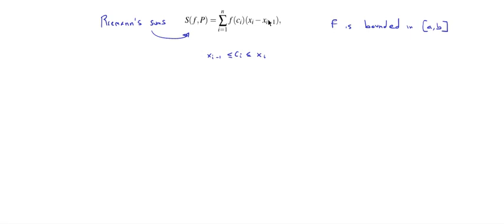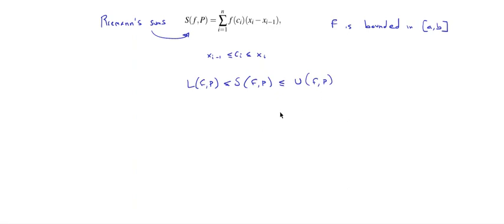So whenever you choose a value C, you are going to give a Riemann sum. Okay, from this definition, it's clear that any Riemann sum is going to be smaller than the upper sum, and greater than the lower sum, corresponding to that partition.